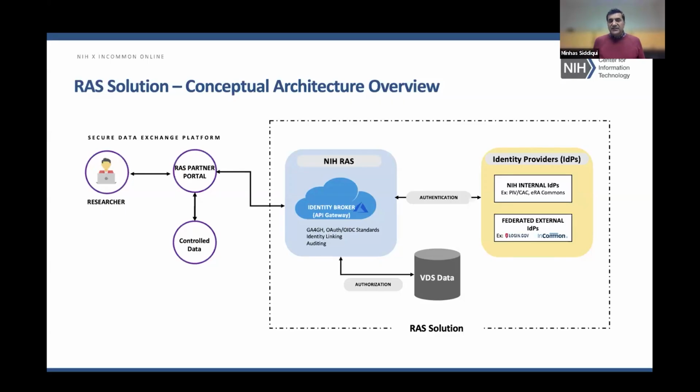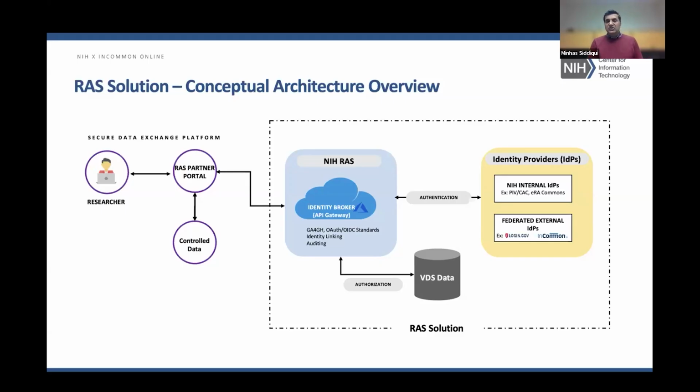Key features are the federated logins, as mentioned earlier, identity linking, attribute-based authorizations and access permissions, and integration with data repositories such as dbGaP. So walking you through this diagram, on the left-hand side, the researcher tries to access controlled data from an NIH CADR by first going to the CADR's partner portal, and this is integrated with NIH's RAS.